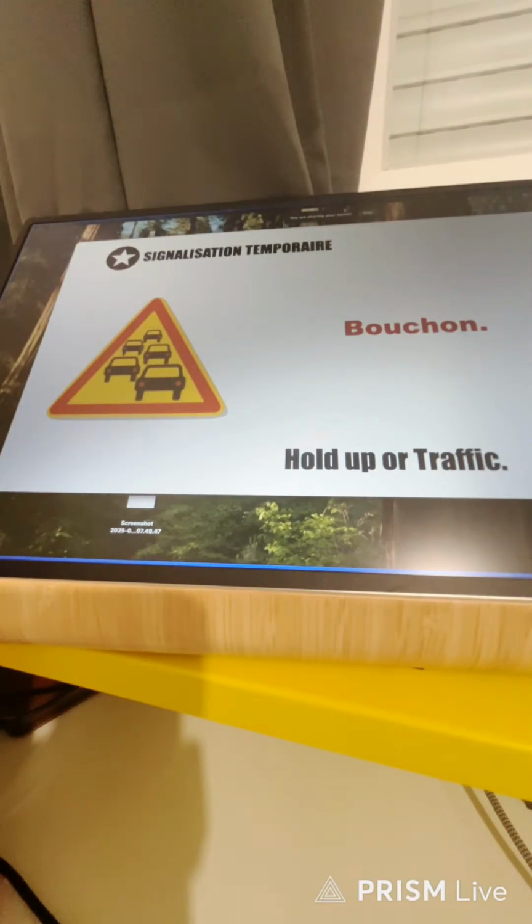If you are using a GPS, the GPS will tell you how many minutes you are going to stay in the hold up. So this symbol is what is important. Maybe you saw it in the code de la route question, you should be able to know that this is hold up, this is bouchon, in French.